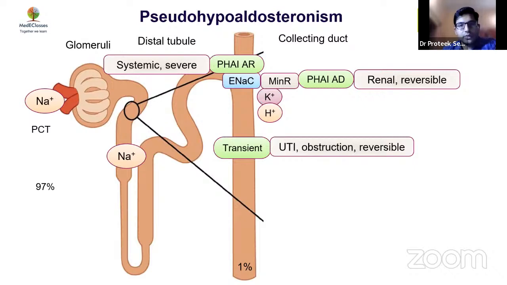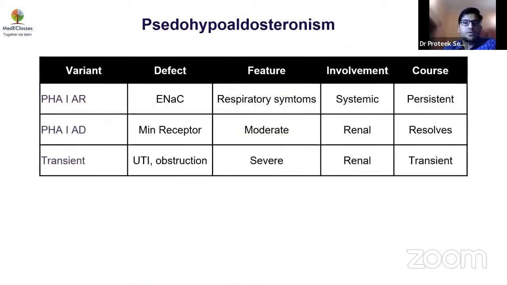So what we need to know in decreased aldosterone levels, basically, because of decreased aldosterone, the sodium will be lost and potassium and hydrogen will be retained. So this might cause temporary hyperkalemia, with high aldosterone levels in that condition. So these are the various causes of PHA, which I just mentioned previously.